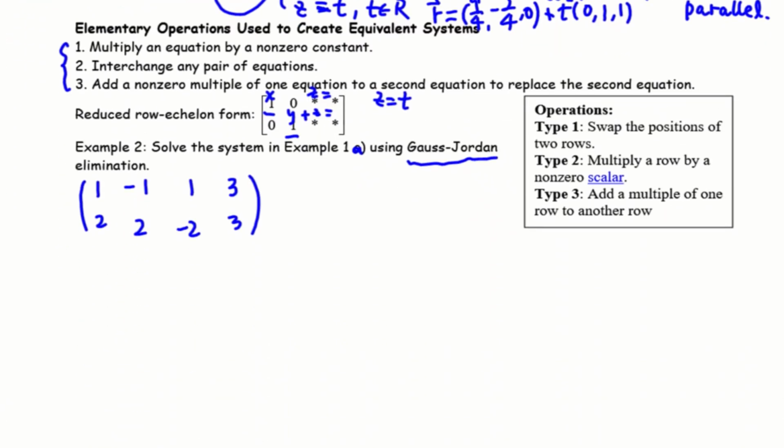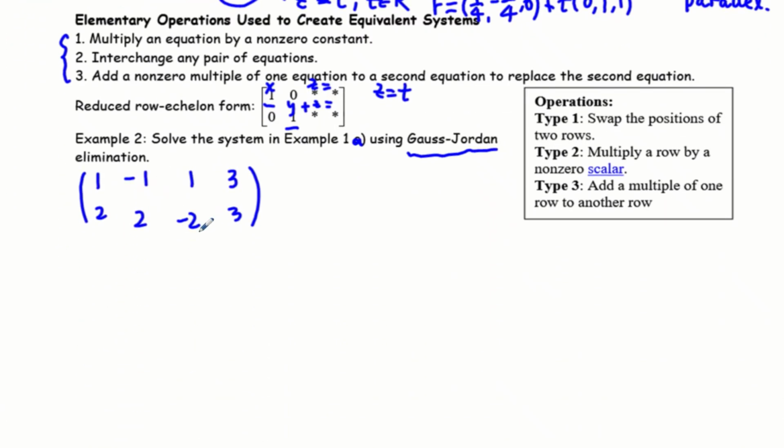So these are our two equations. This corresponds to x minus y plus 1z equals 3. And this corresponds to x plus 2y minus 2z equals 3. So they are the two equations.